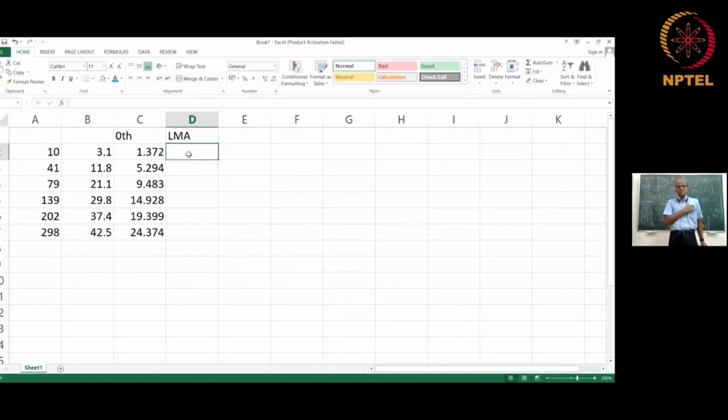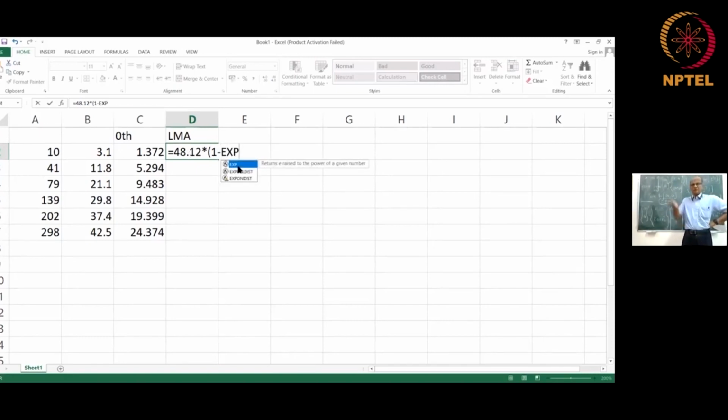Is equal to 48.12 multiplied by, open bracket, 1 minus exp, open bracket, minus 0.007 star A2.